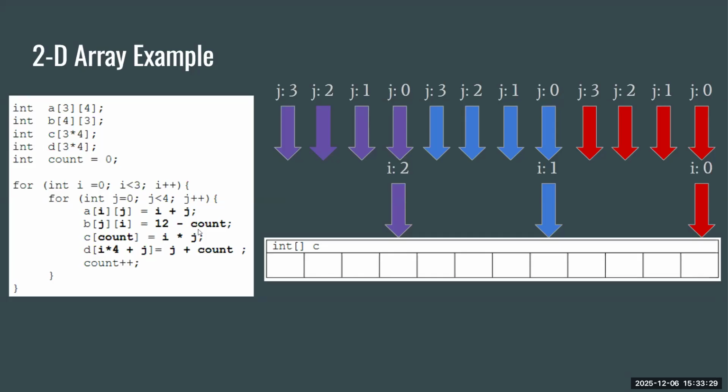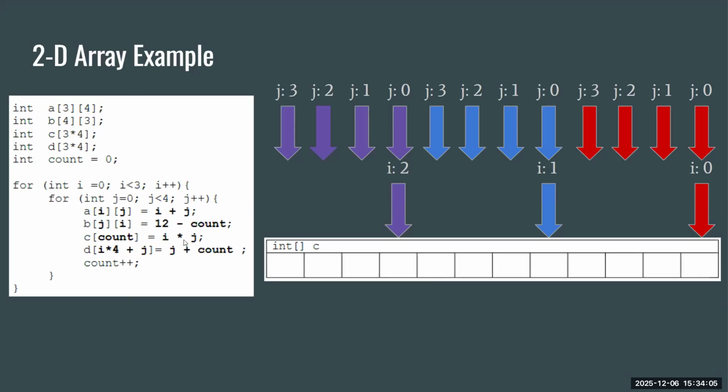So 0 times 1 is 0, and then we increment count again, and I is going to stay 0, so the first 4 iterations are going to be 0. And then once we finish the inner loop, I is going to get incremented to 1, and count is still going to hold the changes from the previous inner loop. So count will be 4 at this point, so it'll be in index 4, this spot.